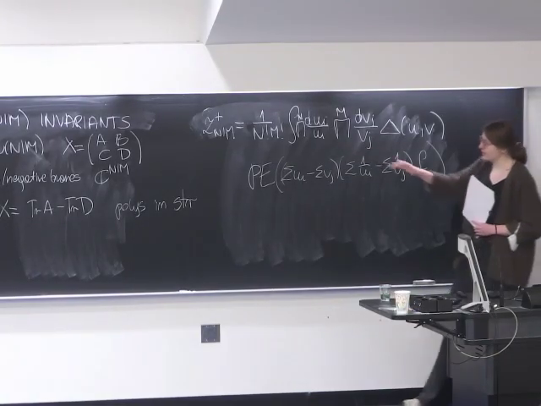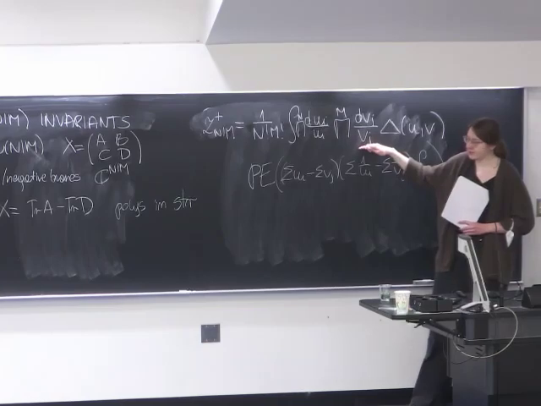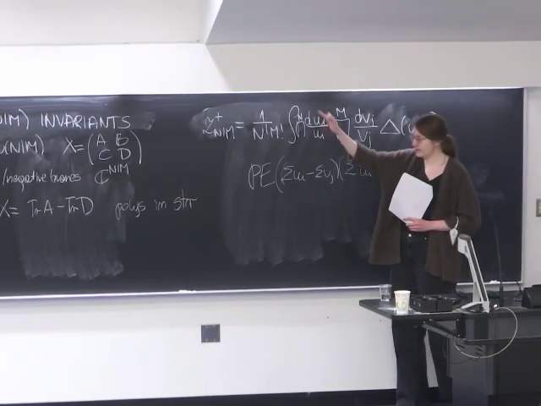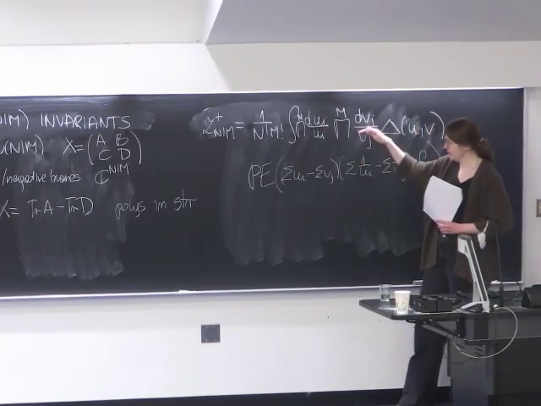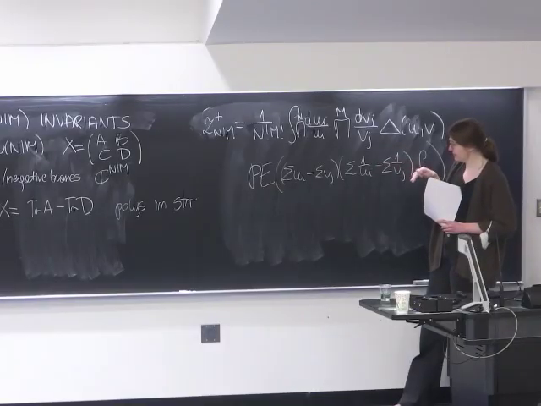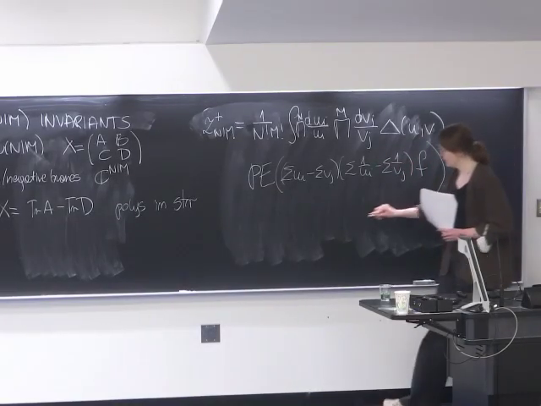So now we are integrating over two sets of variables, u, which are the first N eigenvalues, and v, which are the second M eigenvalues. We have a super Vandermonde.